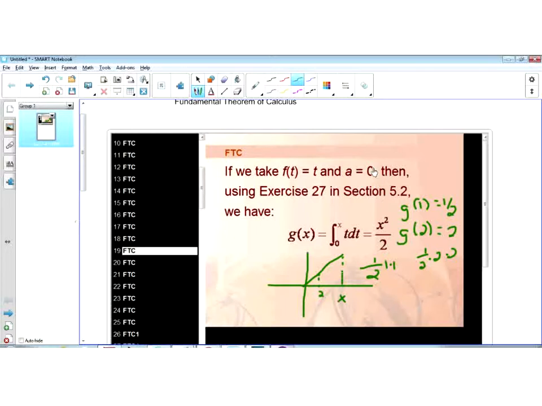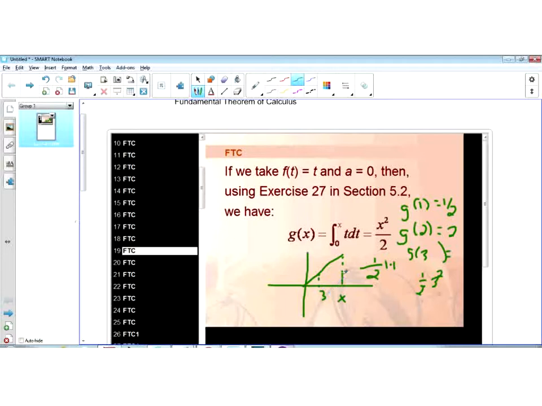g of 3, supposing this were 3, would be 1/2 times 3 squared, and so forth. So I think you get the picture.